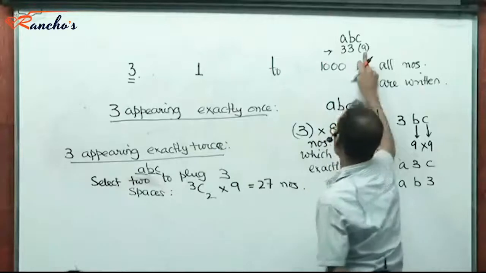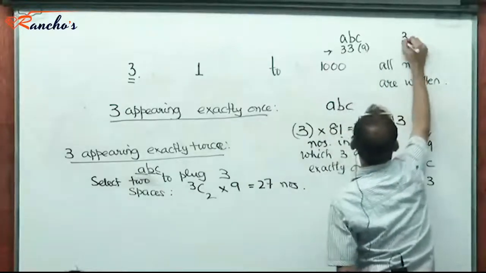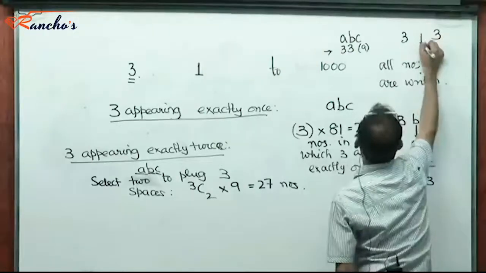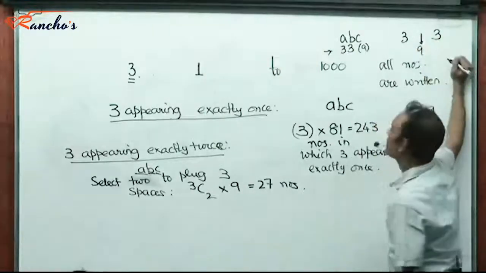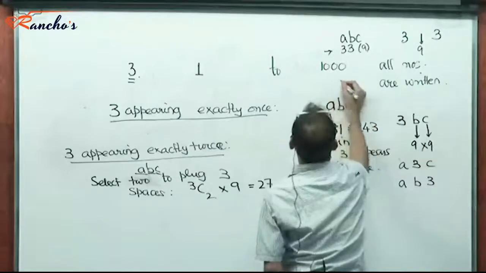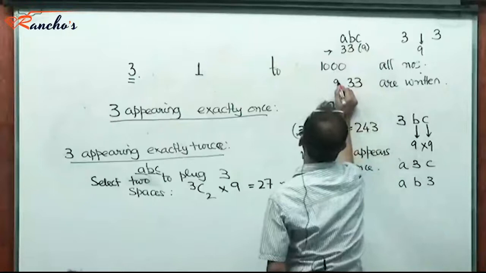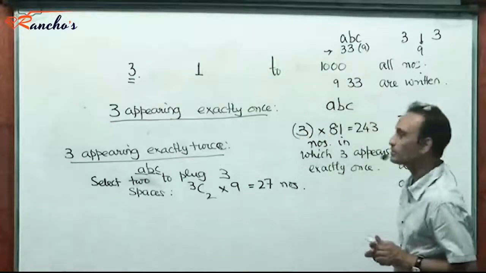Right? Then I could select, say, A as 3, C as 3, and B can be selected in how many ways? 9 ways. I select B as 3, C as 3. In how many ways can A be selected? 9 ways. Yes or no?